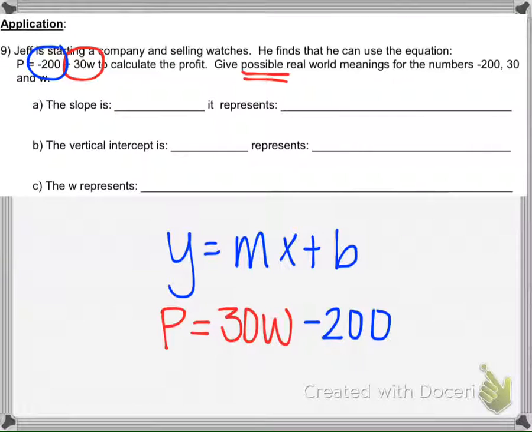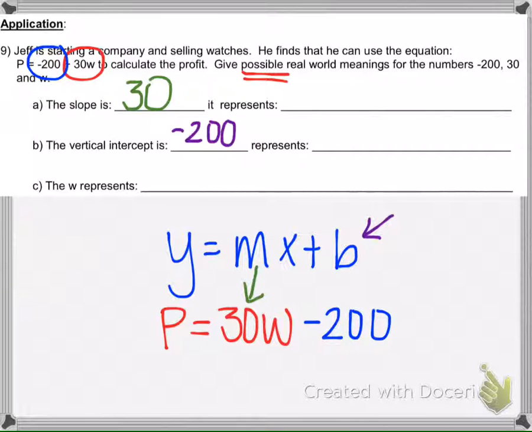Okay, so we have the slope, the number in front of the variable, since it's not x, it's W, so the slope is 30. And the vertical intercept, that's where it crosses the y-axis, but in this case, our b value is negative 200.